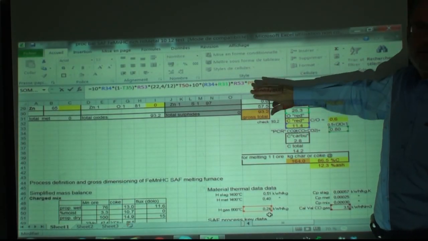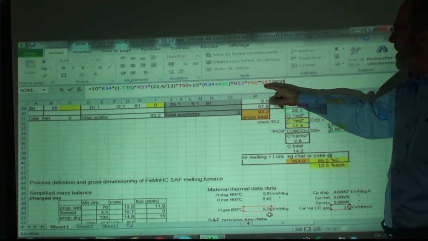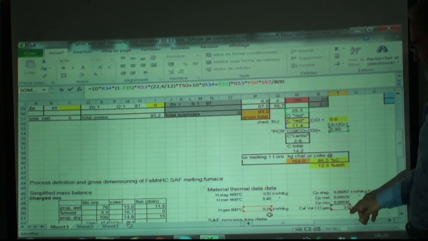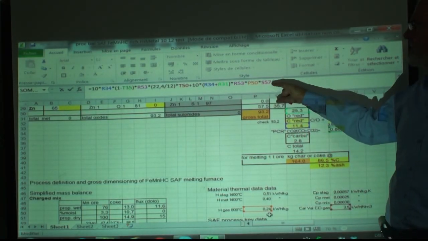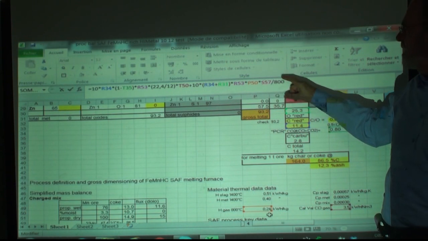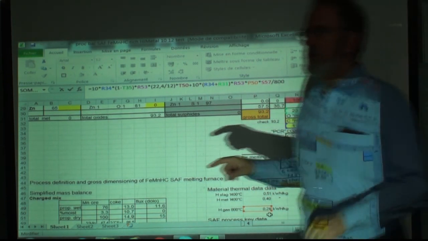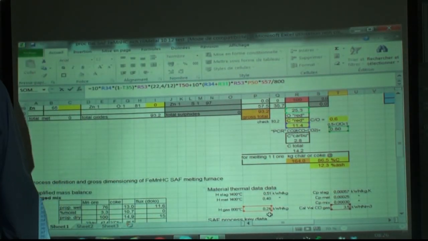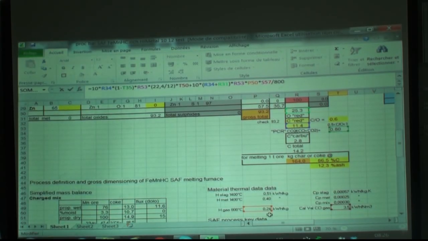And if in reality it is different, I'll multiply it by the temperature, which is the input temperature, the 700, divided by 800, using this assumption of a linear behavior of the enthalpy. Maybe I develop this also to be sure.